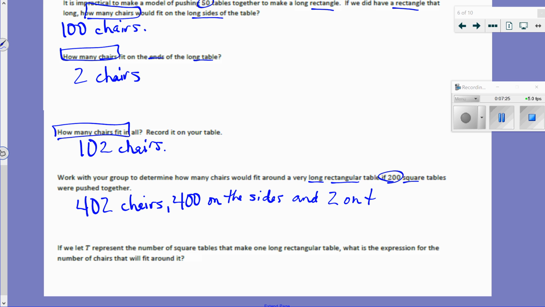To help you understand where those numbers are coming from, so you can put those together. So if we let T represent the number of square tables that make one long rectangular table, what is the expression? I'm doing 2 times the number of tables, because I have 2 sides for every table, plus I have the 2 chairs at the end that I'll add on once I get everything else done.